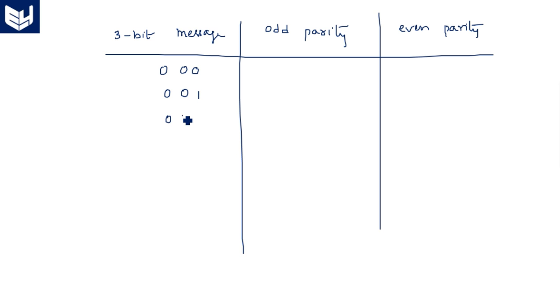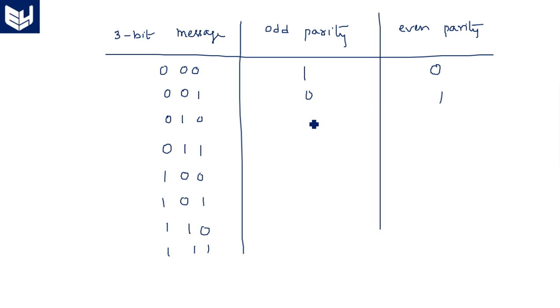So 000, 001, 010, 011, 100, 101, 110, 111. For 000, for odd parity the bit is 1, giving 0001, which has one 1, an odd number of ones. If you want even parity, then the bit is 0.